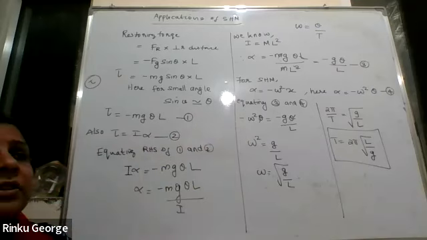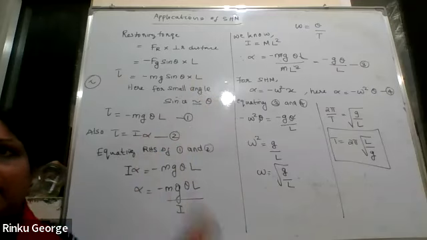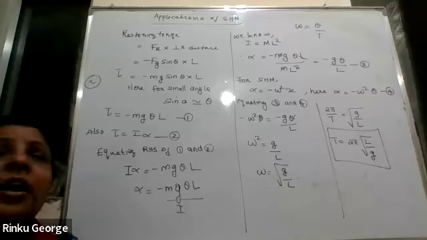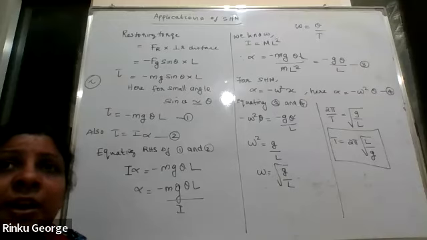Okay. Now, next step. Alpha becomes minus g theta by L. Normally you know for SHM alpha is equal to minus omega square x.